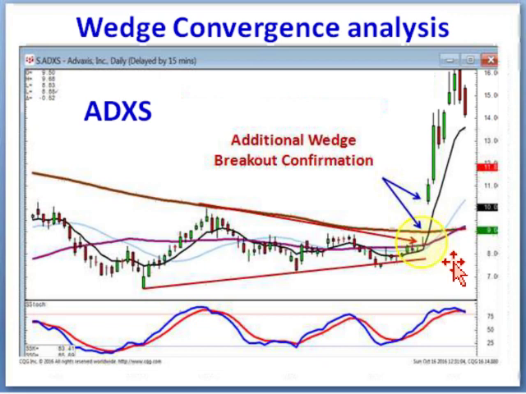Additional wedge breakout confirmation. What's our best friend tell us? There's a very strong investor sentiment to the upside. And what's it doing? It's breaking through the 50, coming out of a wedge.